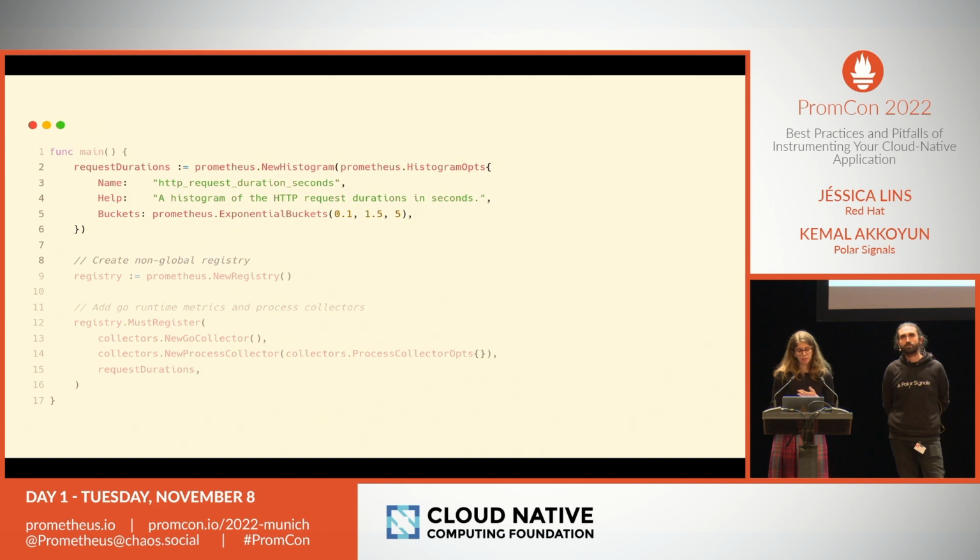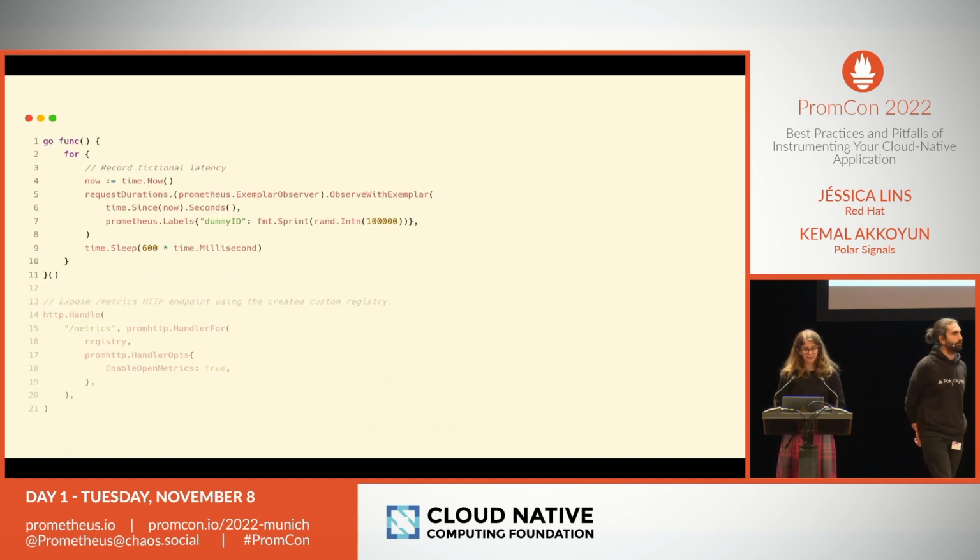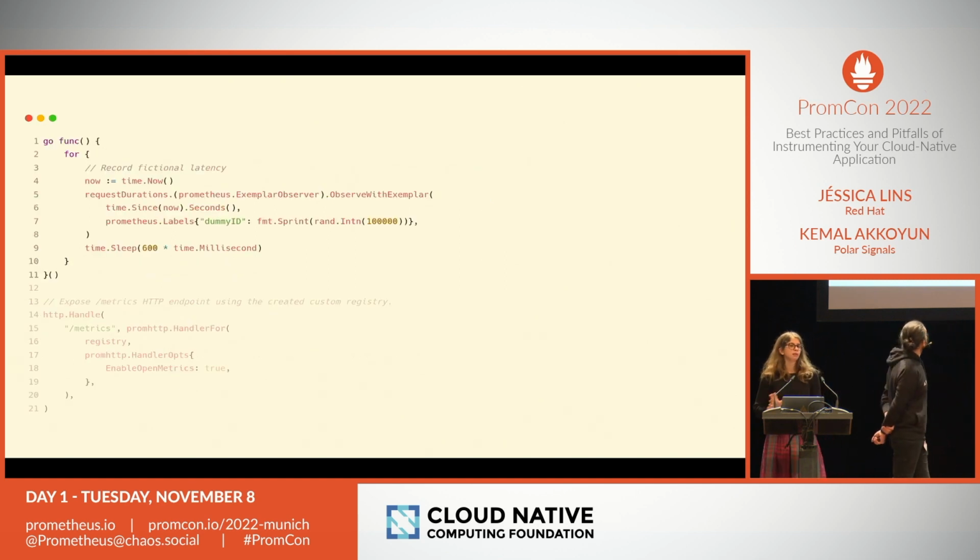Here we define the buckets as well with exponential buckets. We make sure that we register this metric, using our custom registry again, but now registering, besides all the collectors we added, our request duration metric. And then for this example, let's record a fictional latency.